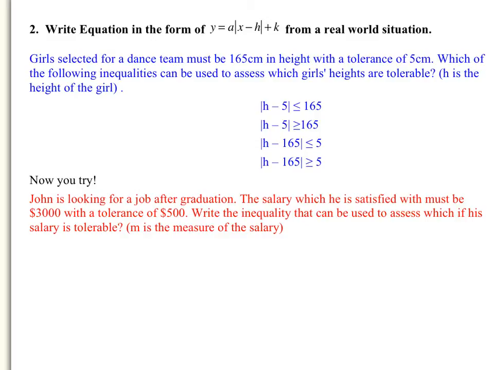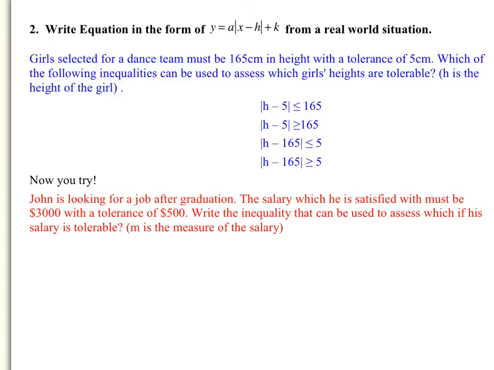Now, if I look at the first one, this is saying I need to take the actual height of the girl, and subtract 5 from it. And we can look at it and say with either one of these that she should be no more or less than 165 centimeters. So let's think about that.